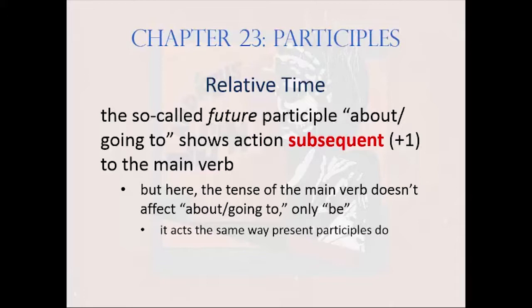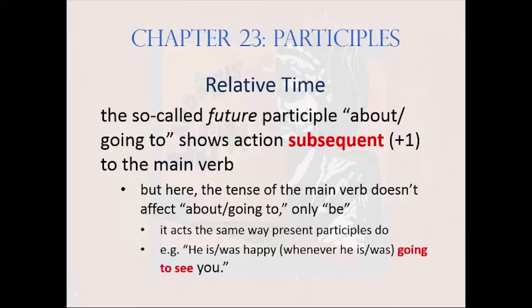Thus, the future participle, in its periphrastic construction, the one that uses to be, acts the same way present participles do, meaning there's nothing new to learn here. Going back to our example, the going to see doesn't change.